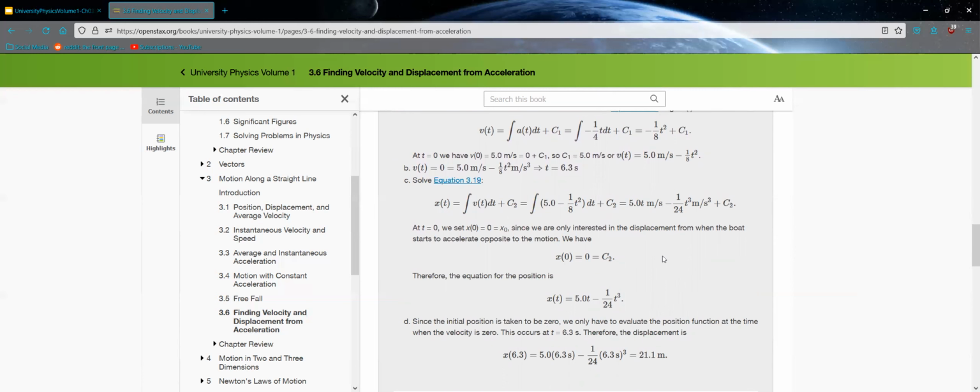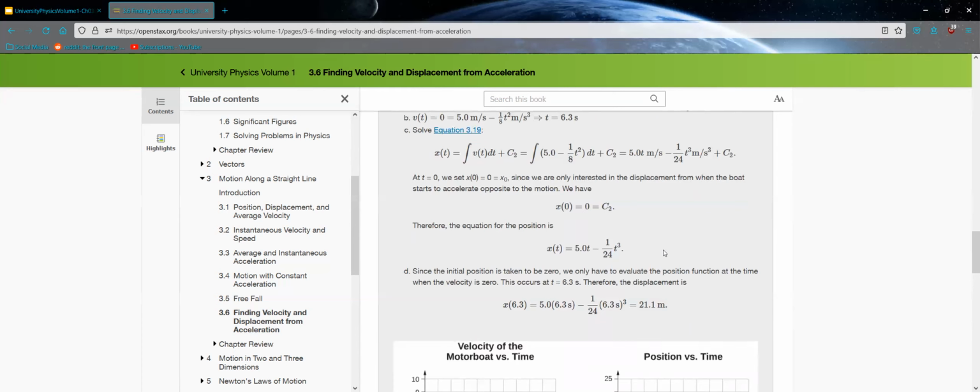I don't want to go over how to do an integral again, because I don't think that's the point of the physics class. But when we go through the integral, we land on displacement equal to 5t minus 1/24 t cubed. And then taking that equation lands us at a displacement for this deceleration of 21.1 meters.